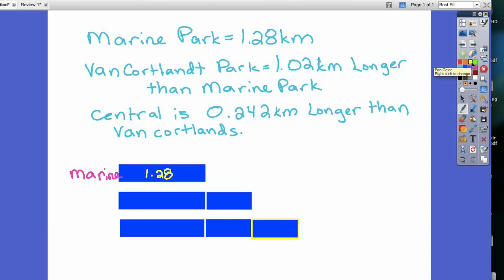So if it's longer than Marine Park, that would mean that it also is this much, right? We know it's already that much, right? But how much more is in this one than the other one? How much longer is the trail? 1.200. And what trail is this one? This is Van Cortlandt.